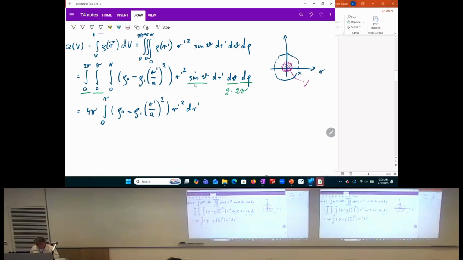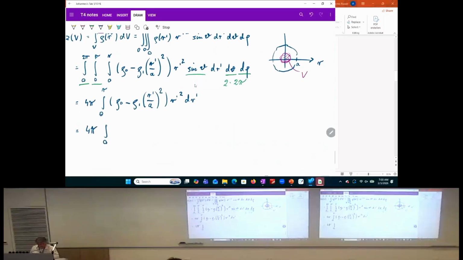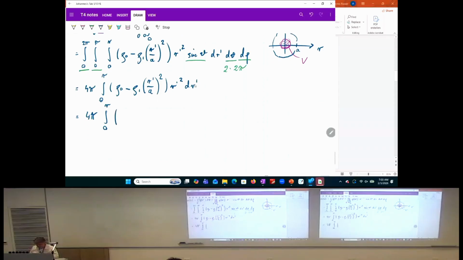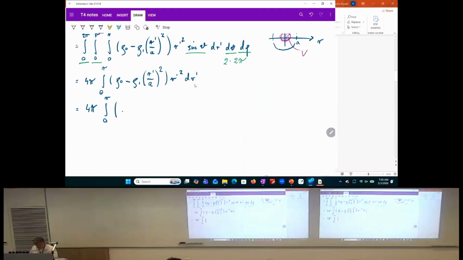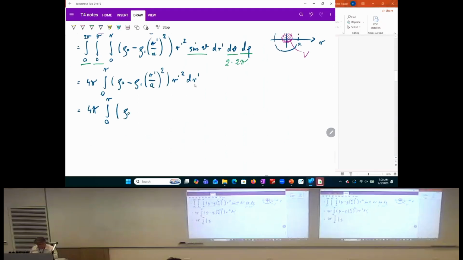So this is 4 pi, 0 to r, and let's multiply the r prime squared into the bracket. This is rho 0 times r prime squared. This comes from back here, that is factored in here.